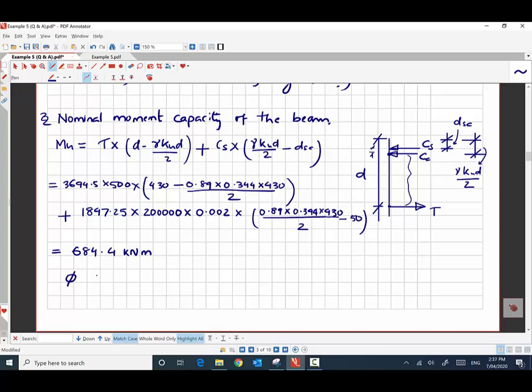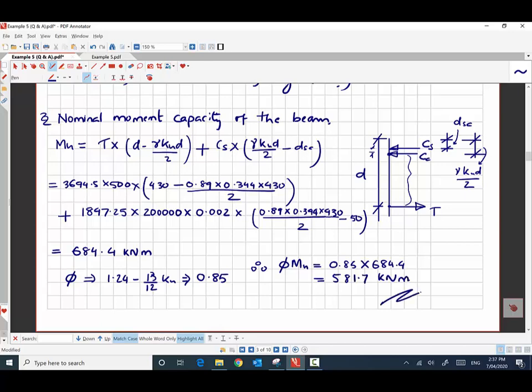and phi for this beam is, using again table 2.2.2, 1.24 minus 13 divided by 12 Ku, which comes out to be 0.85 again. Therefore, the design moment capacity phi Mu comes out as 581.7 kilonewton meter.